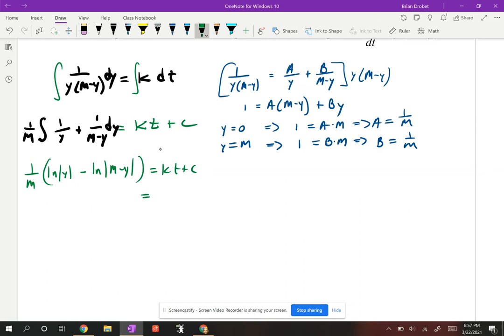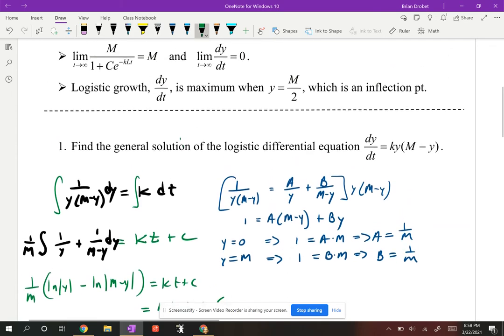So when I do that, by m, I'll end up with mkt plus m times c, but c is really just another unknown constant, so I'll just leave it as plus c, plus an unknown constant.